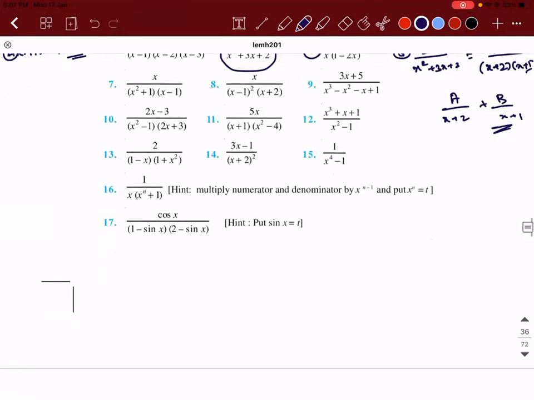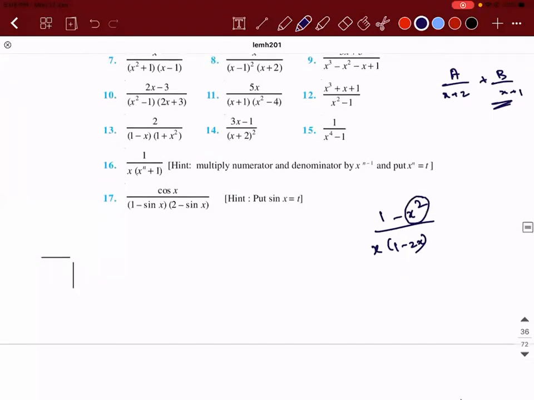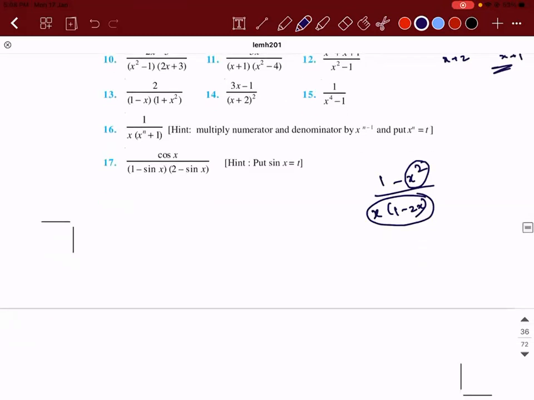If you observe, this is a tricky question. (1 minus x square) divided by x into (1 minus 2x). How to solve this? If you observe, the numerator and denominator have the highest power with the same value.